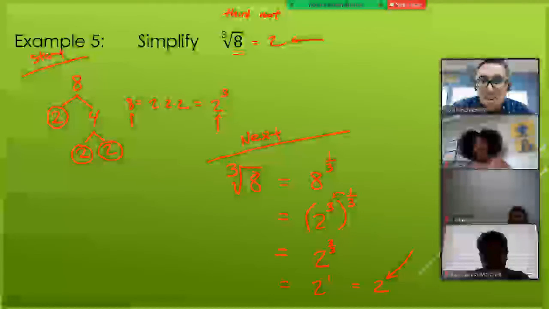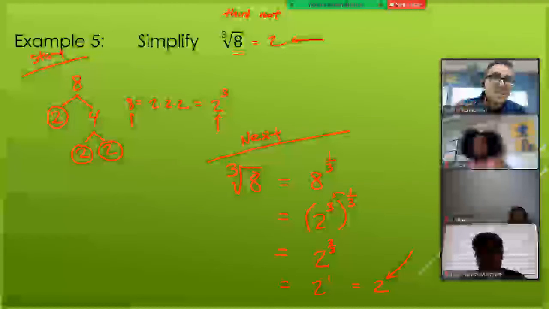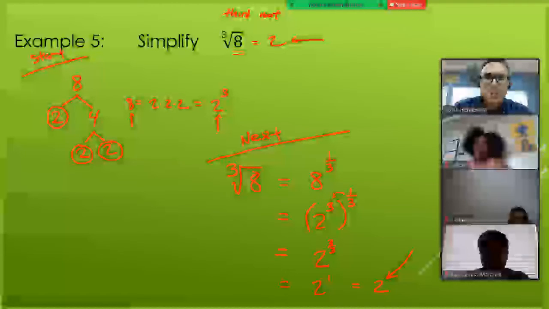Then I substituted in my 8 as 2 to the 3rd because they're equal. So that's a legal move, right? Then I multiply in my powers and simplify. And this will work for like all the problems, not just the easy ones like this. So that's why I'm showing you. Any questions or comments, please?